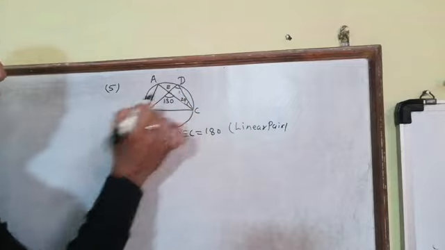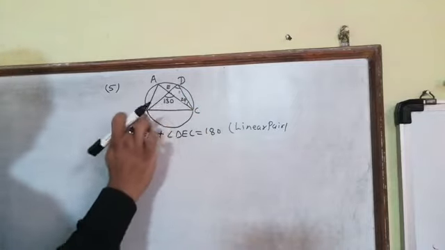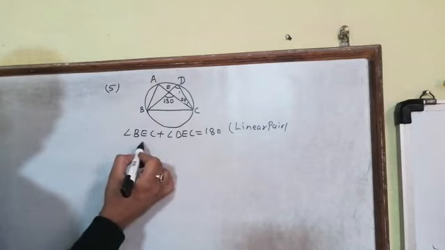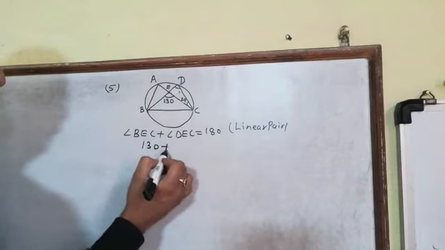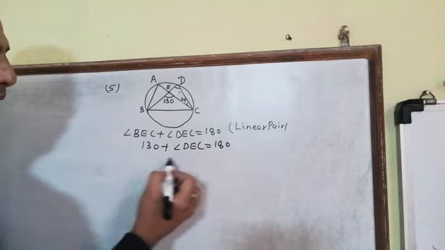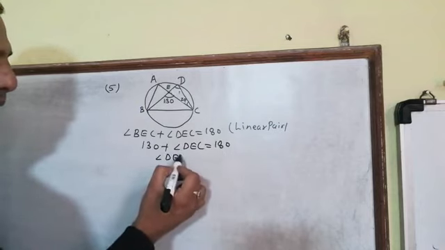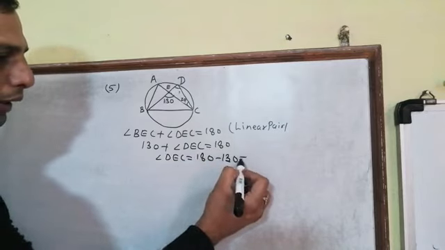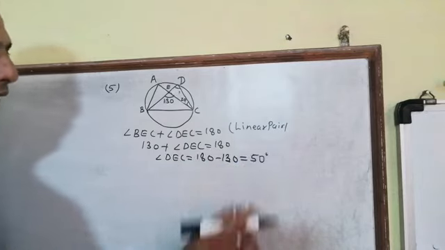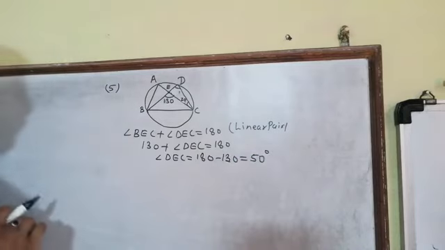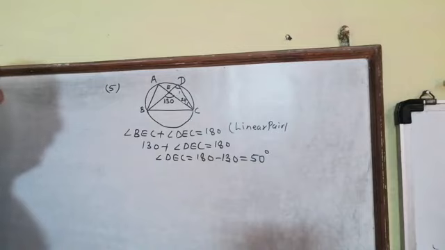This angle at E, here 130, BEC plus DEC is forming a linear pair. So with BEC given as 130, we can find the value of DEC. DEC will be equal to 180 minus 130, which is 50 degrees. So I got the value of DEC.